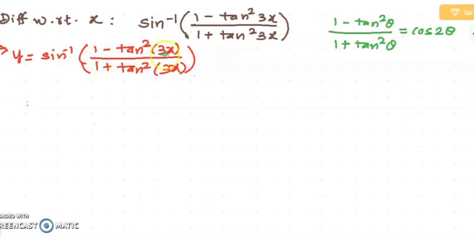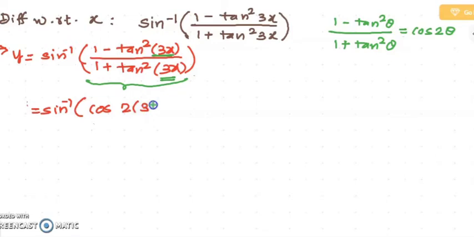So if you remember, theta is 3x in this case. So this expression is going to be sine inverse, as it is, of what? Of cos 2 theta. 2 into what is theta? Theta is 3x.